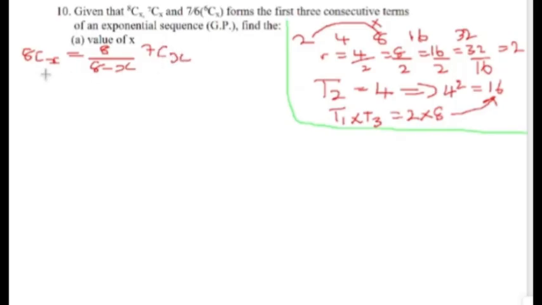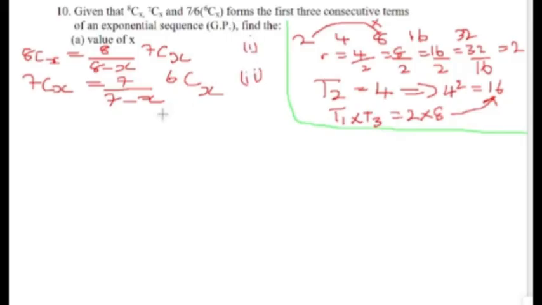Now we can also say 7 combination x is equal to 7/(7 minus x) times 6 combination x. Okay. Let's call this equation 1 and this equation 2.